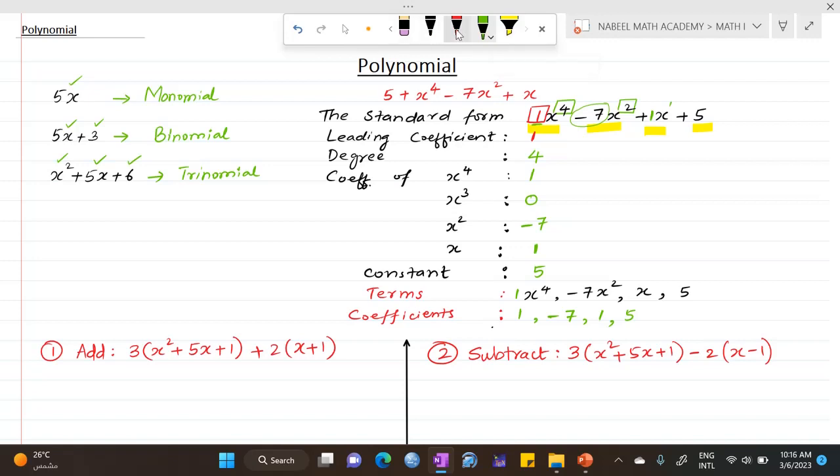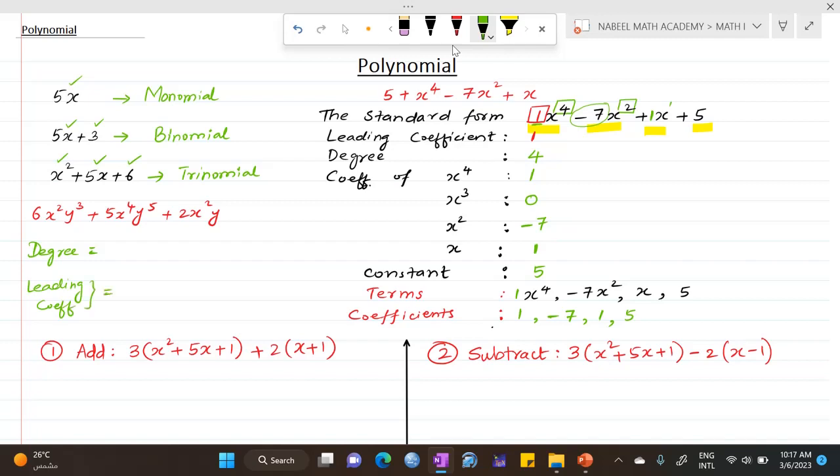And one more important thing here, suppose you have 6x square y power 3 plus 5x power 4 y power 5 plus 2x power 2 y. So what is the degree and leading coefficient for this? You have to take the sum, so I have to add the powers.